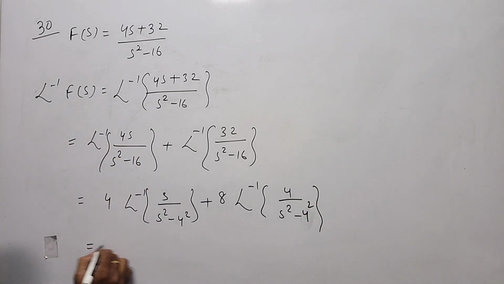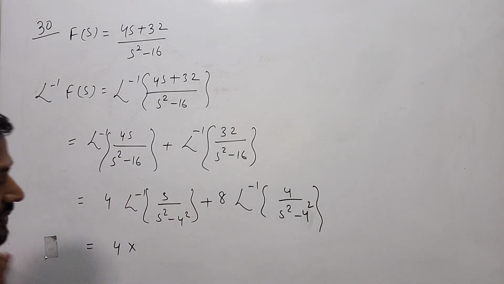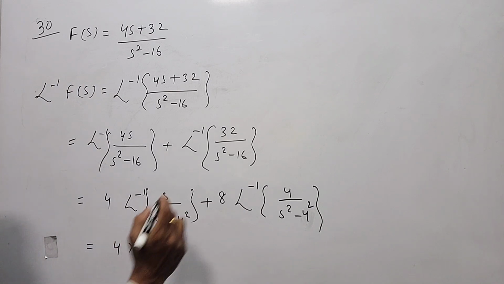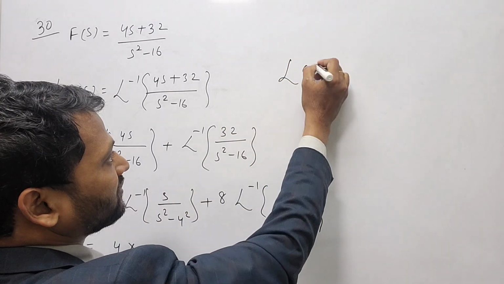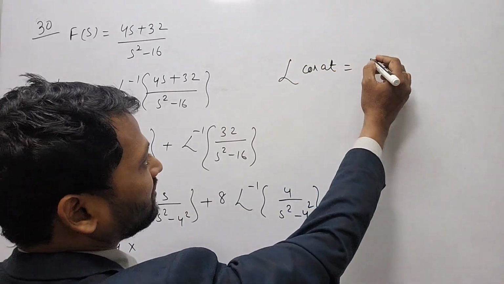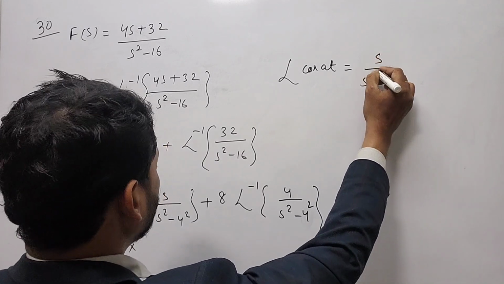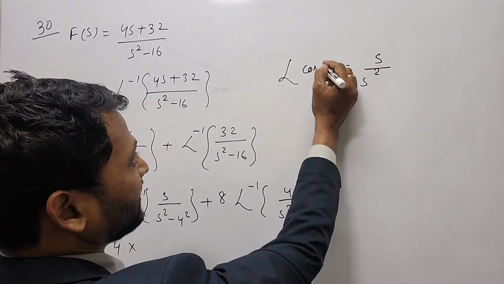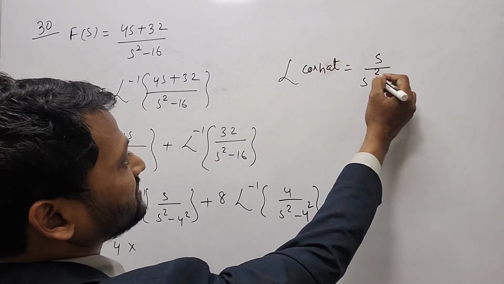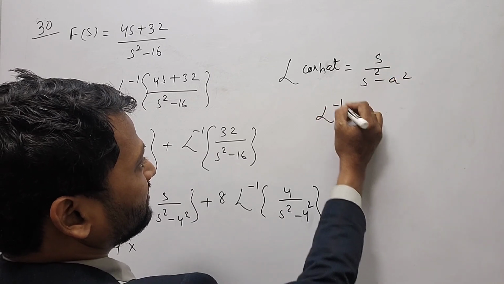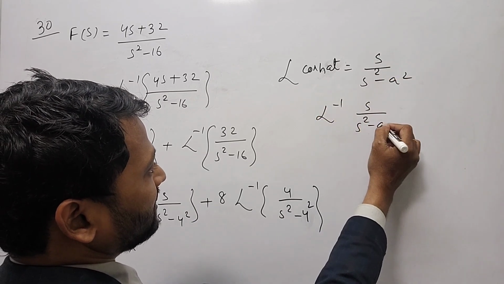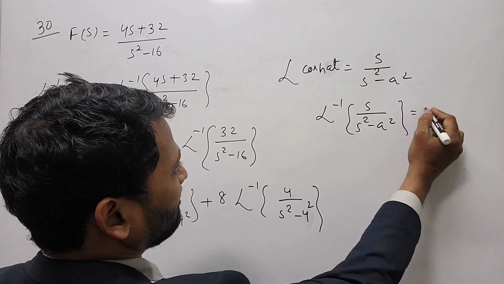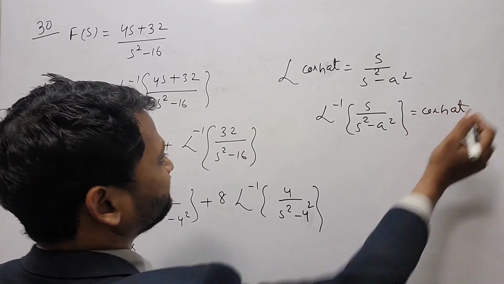So this will be Laplace inverse of s by s square minus 4 square. As I have told, Laplace of cosh(at), the hyperbolic function, is s by s square minus a square. That means Laplace inverse of s by s square minus a square will be cosh(at).